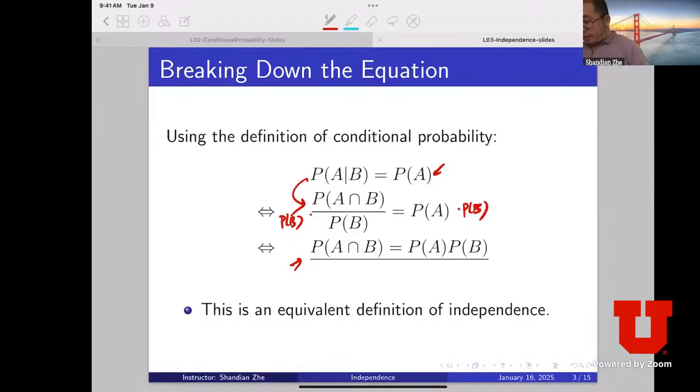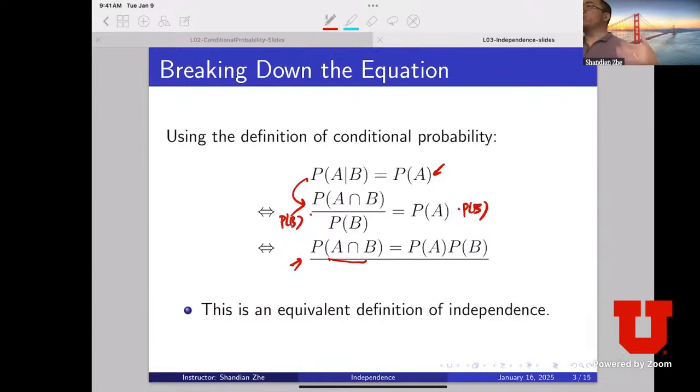That is, the joint probability of A and B, meaning A and B both happen, is just the product of the marginal probability of A and the marginal probability of B. Then we claim A and B are independent of each other. Any questions?